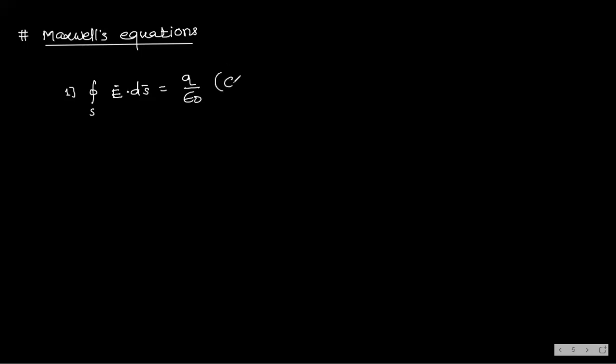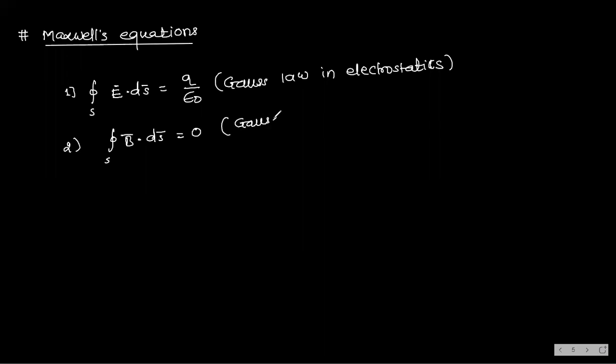This is Gauss law in electrostatics. Second one, again a surface integral: B bar dot ds bar is equal to 0, and this is Gauss law for magnetism.